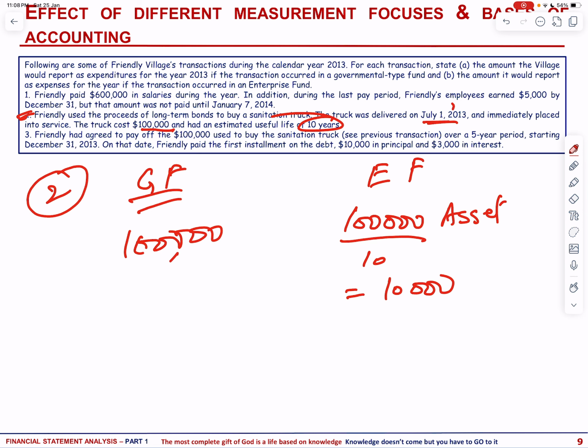Now we purchased on July 1, which means we have to charge depreciation from July to December, that is 6 months, so we divide it by 2. So the depreciation for the year 2013 will be 5,000. This will be the depreciation expense of 5,000.